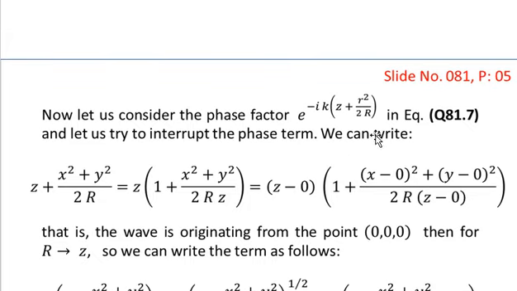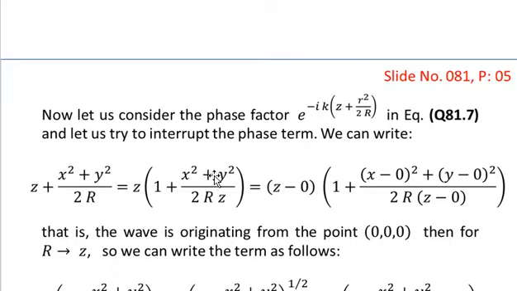You see that this term can be expressed as z plus (x square plus y square) over 2r, which can be represented as z into, within parentheses, 1 plus x square plus y square over 2rz. If you take z common from these two terms, you have z outside the parentheses, and then the term 1 plus x square plus y square over 2 capital R into z.